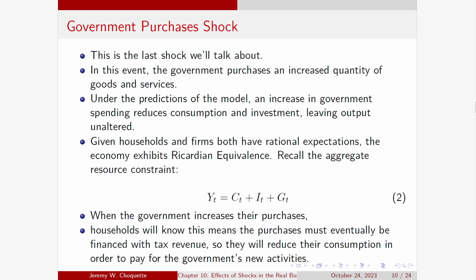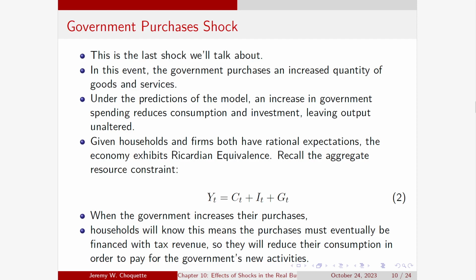Now, let's talk about government spending. Everybody loves government spending, right? Except when you've got to pay for it. So, in this event, government purchases some increased quantity of goods and services. Under the predictions of the model, as we discussed in the first lecture of this particular model, an increase in government spending is going to reduce consumption and investment, and it's going to leave output unaffected.